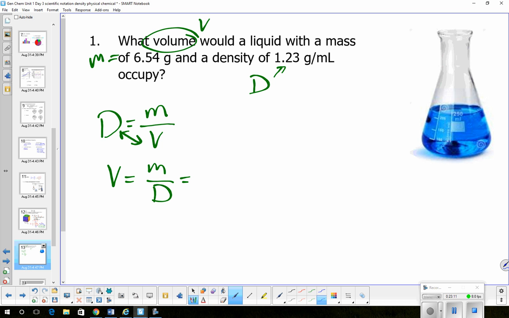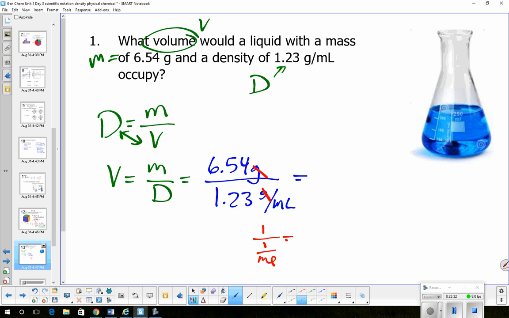So, plugging it in, my mass is 6.54 grams divided by my density, 1.23 grams per milliliter. Grams will go out. I'll have 1 over 1 over milliliters, which equals a milliliter, because it flips to the top. So I'm going to put milliliters out here.